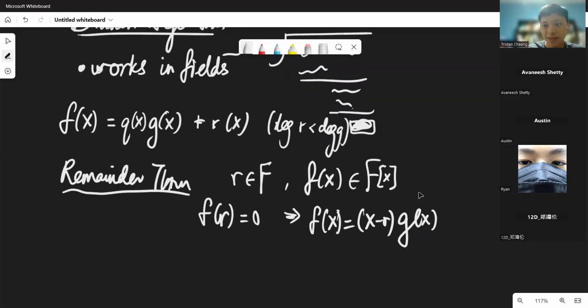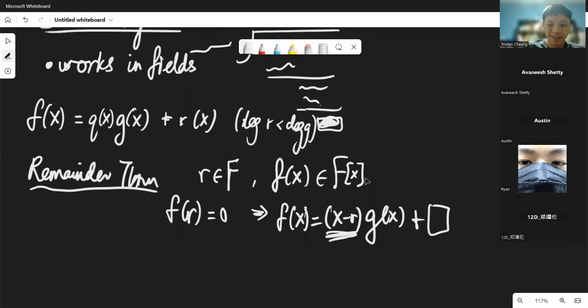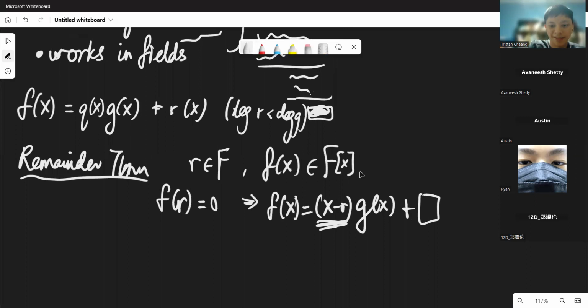Why is that? Well, the simple answer is, because if we do the division algorithm, this is a degree 1 polynomial, we will end up with some constant. This constant must be 0 because f(r) is 0. So you can call this the remainder or factor theorem, whatever.